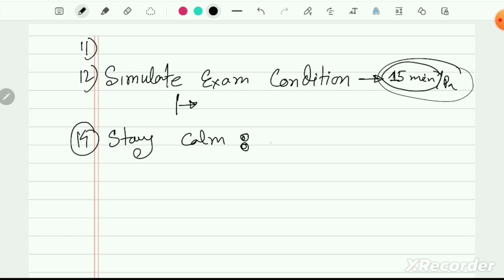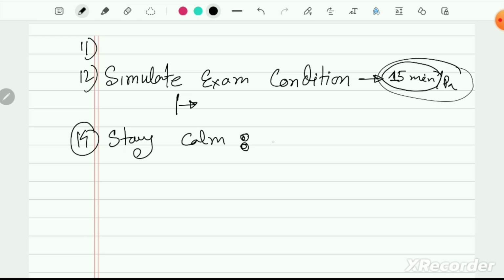If you feel some questions are quite difficult, just skip them, don't panic. Because if your mindset is calm, after some time you may find the questions or the paragraph much easier. But if you panic, then even the easiest questions you cannot answer correctly.